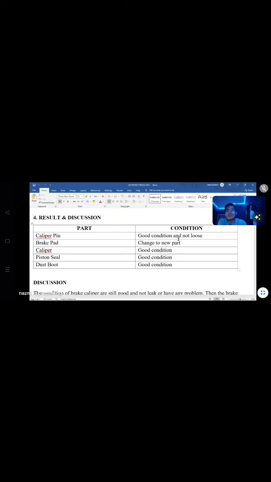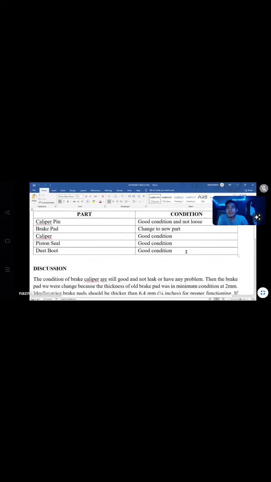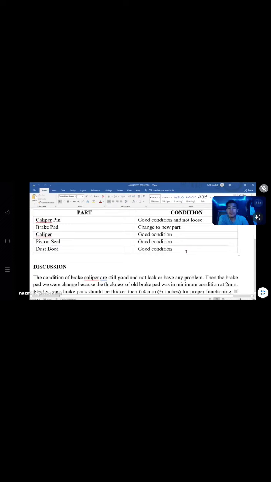So the condition of the caliper pin is still good. The brake pad we change to a new part, so I will talk about the brake pad in the discussion. The caliper is also in good condition, not broken or leaking. The piston seal and dust boot are also in good condition, no scratch or leaking.